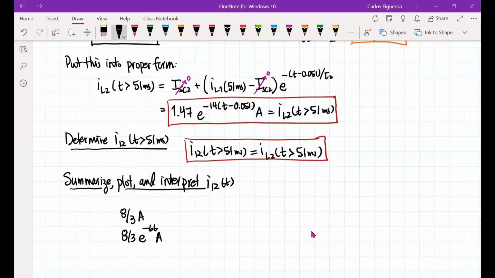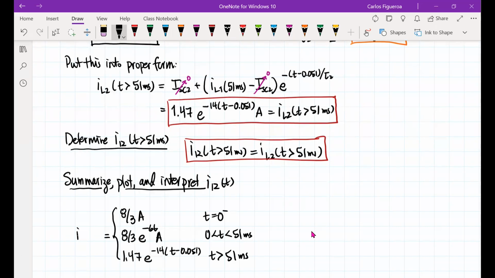And then this goes to 1.47 e to the minus 14 t minus 0.051. So this is for t at 0 minus, this is for t between 0 and 51 milliseconds, and this is for t greater than 51 milliseconds. So this tells me that this is the current I12. So here we have summarized our values right here.